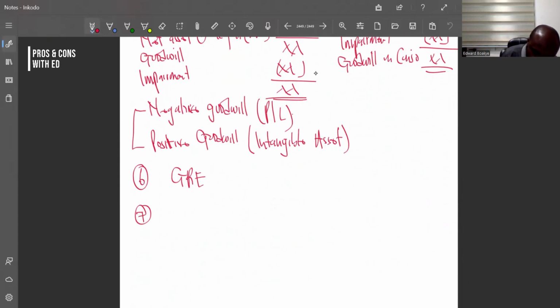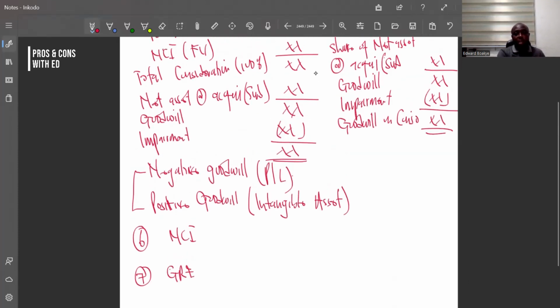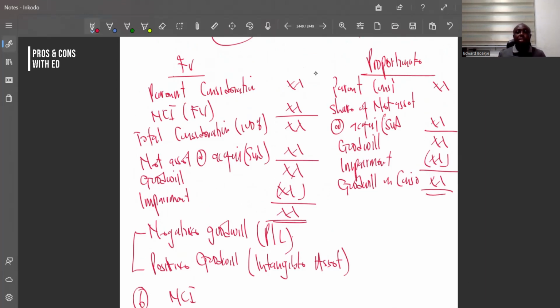Surely we will have the NCI. Normally we prepare the NCI account before the group retained earning, but it's not by force, so you can exchange the two. The NCI account is basically the fair value of the NCI, and that fair value is what we used in preparing the goodwill when we're using the fair value model.